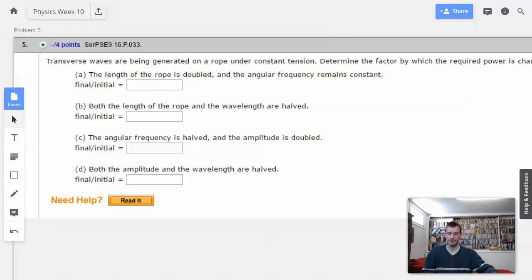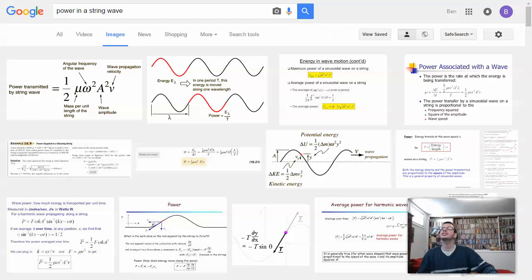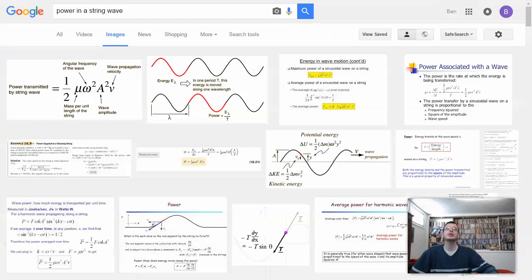Alright, so, moving over here. Power equals 1/2 mu omega squared amplitude squared times velocity.